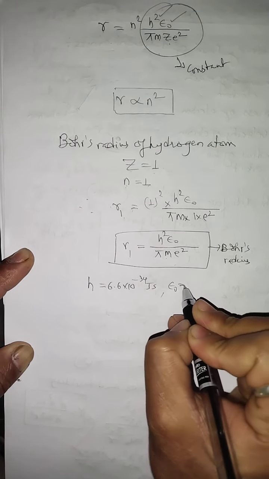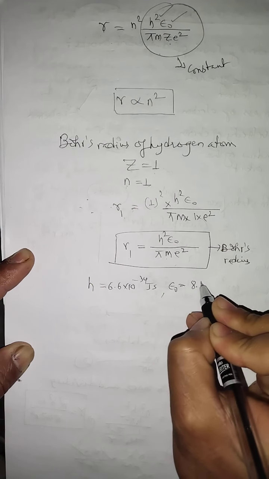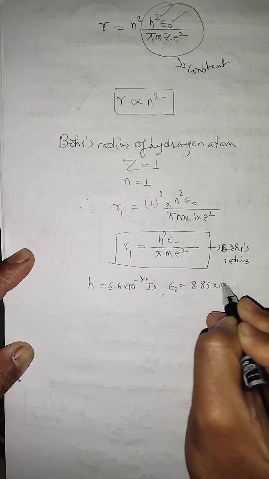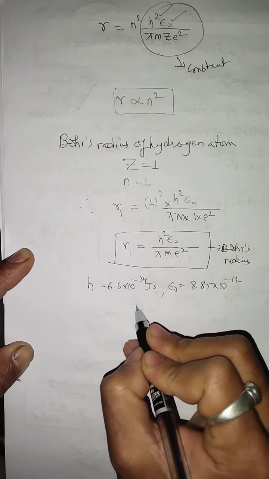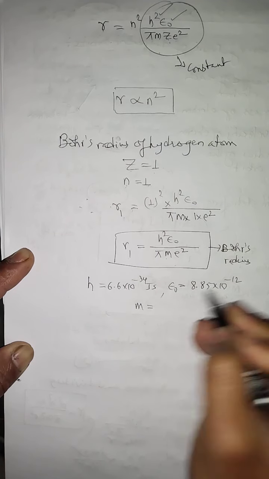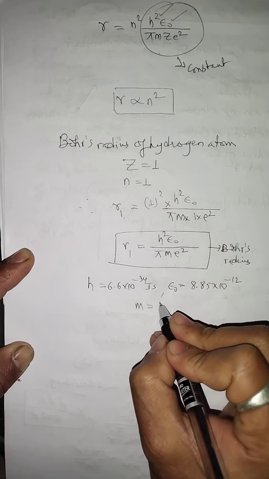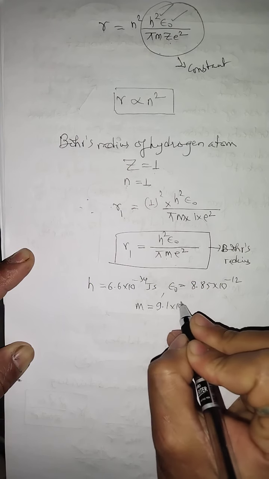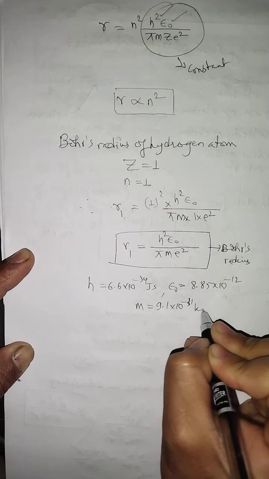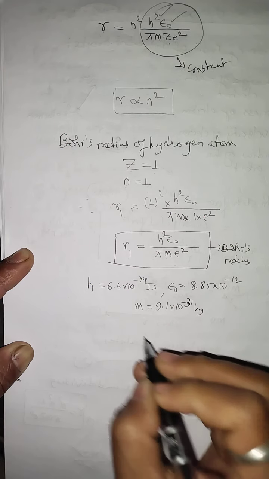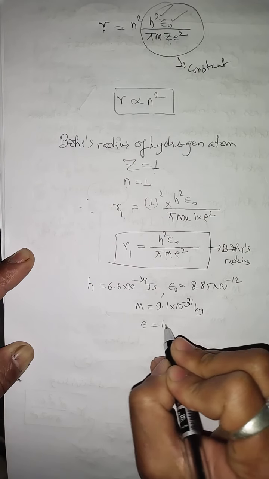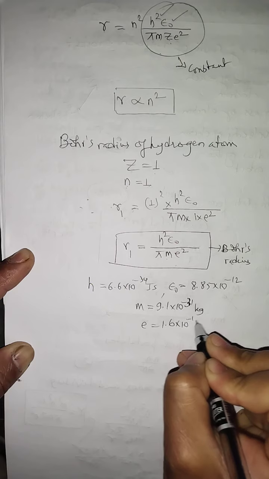Permittivity of free space, that you also learn, 8.85 into 10 to the minus 12. The mass of the electron is always 9.1 into 10 to the minus 31 kg. And e, the charge of the electron, is 1.6 into 10 to the minus 19 coulomb.